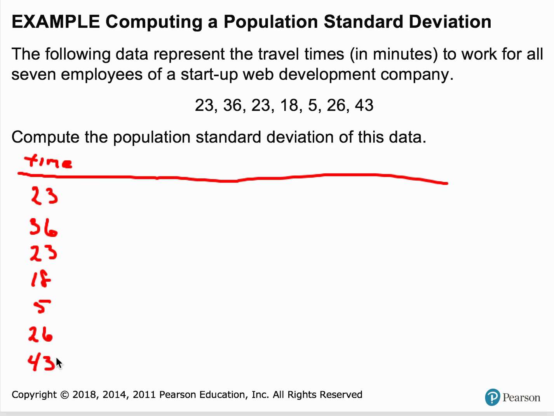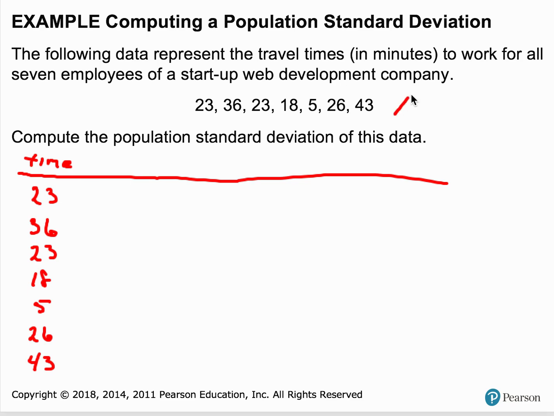Now, I need to find my mean, so let me get my calculator. And it helps to turn it on before you start trying to use it. Okay, so 23 plus 36 plus 23 plus 18 plus 5 plus 26 plus 43, all divided by 7.